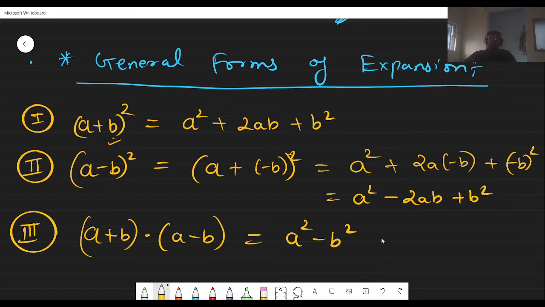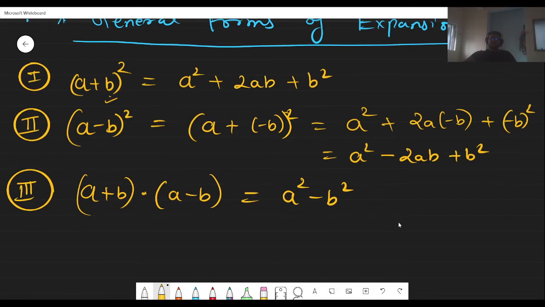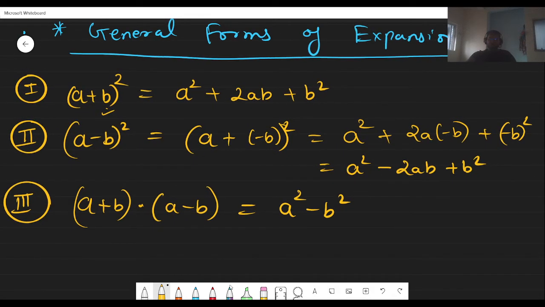Let me show you a small example of this. Example: if it has asked you to find 53 times 47, you can calculate it, right? But we can use this formula also.